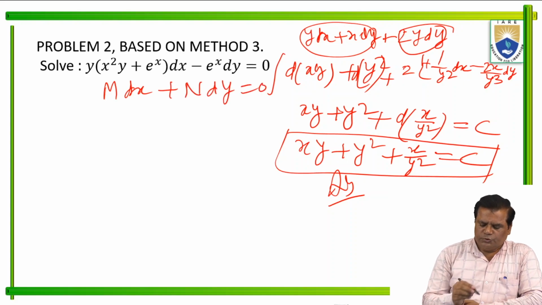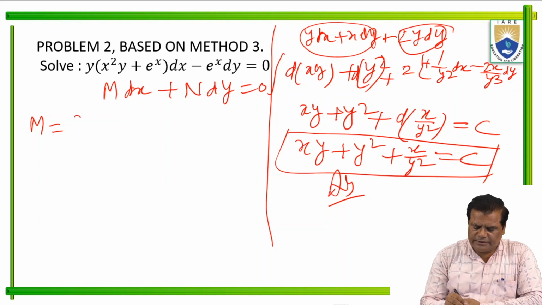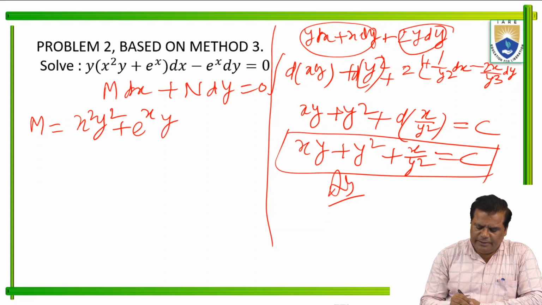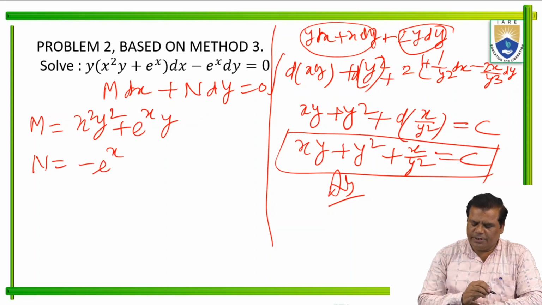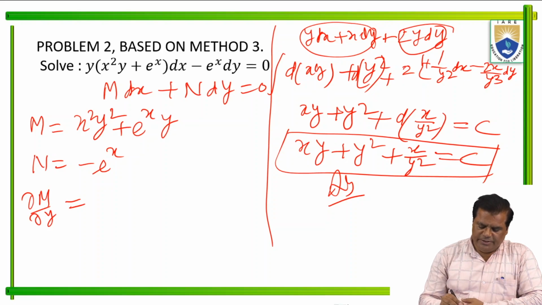Now M equals y x square y square plus e to the power x y, and N equals minus e to the power x. So del M over del y equals differentiation with respect to y, x as a constant.